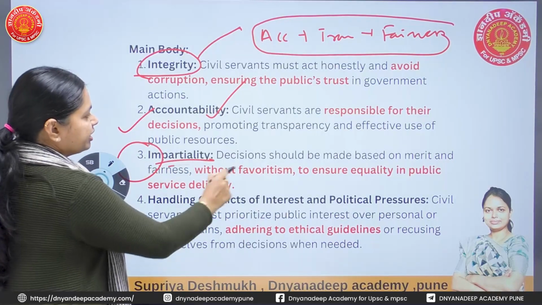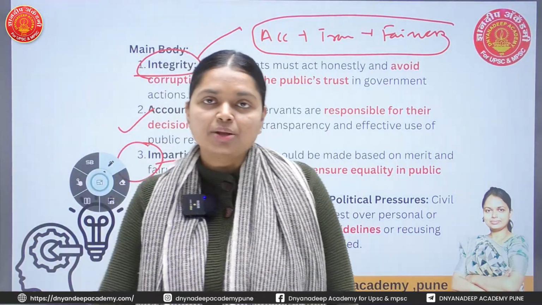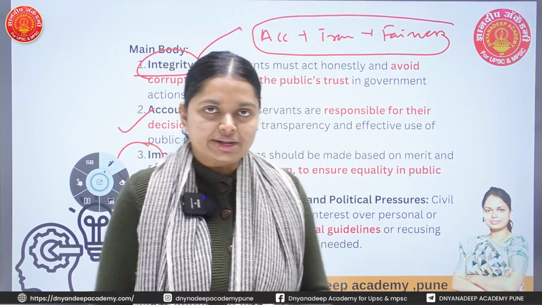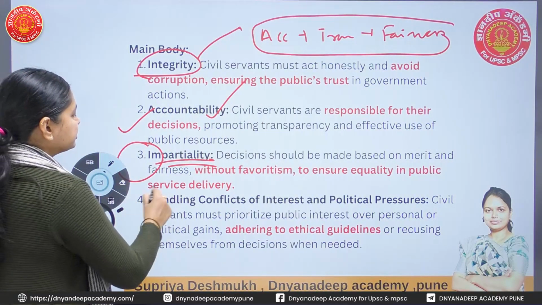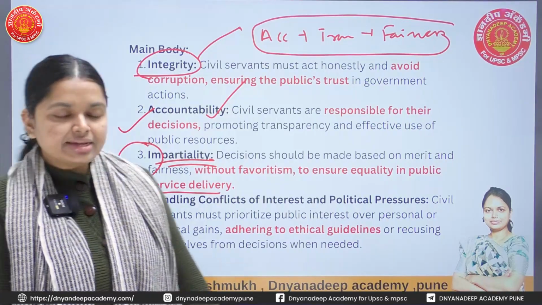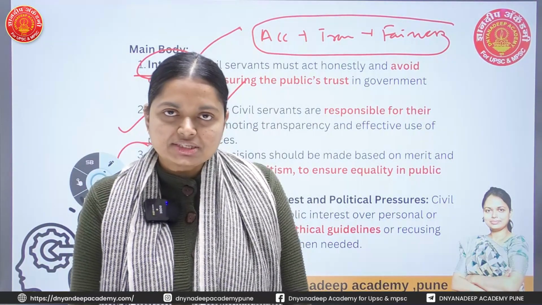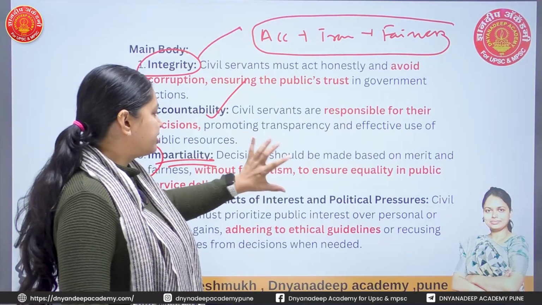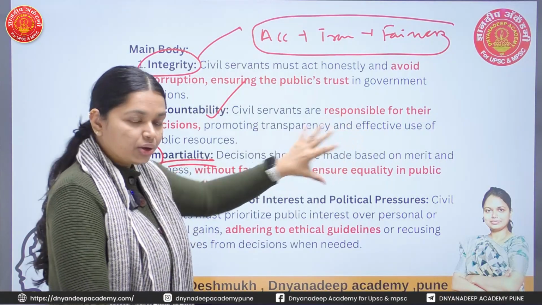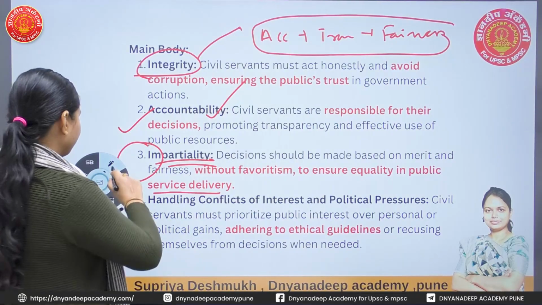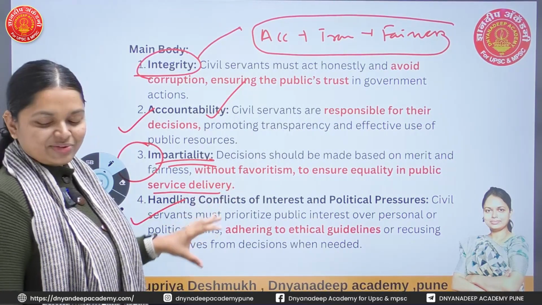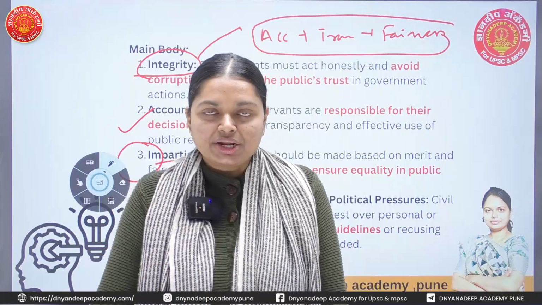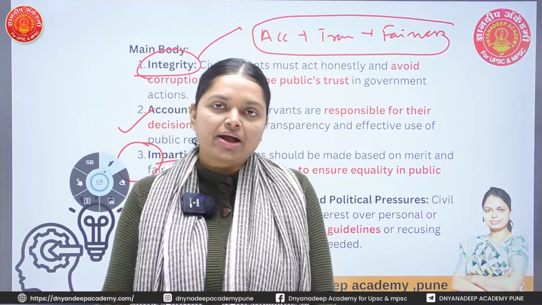Talking about impartiality, without any political favoritism, a civil servant should take decisions with impartiality. While delivering any civil or public service, the civil servant has to serve the society without favoritism towards any particular political group. And the last point, handling conflict of interest. This is quite tedious work, because whenever a civil servant performs a duty, there are immense ethical dilemmas and political pressure.